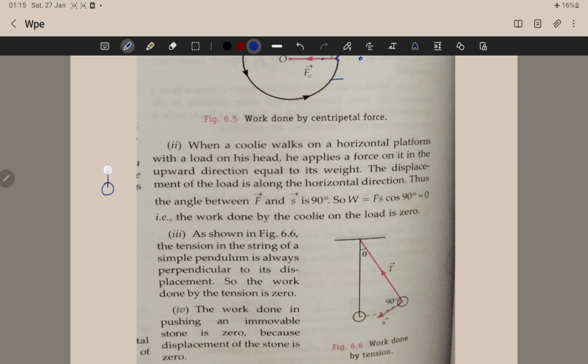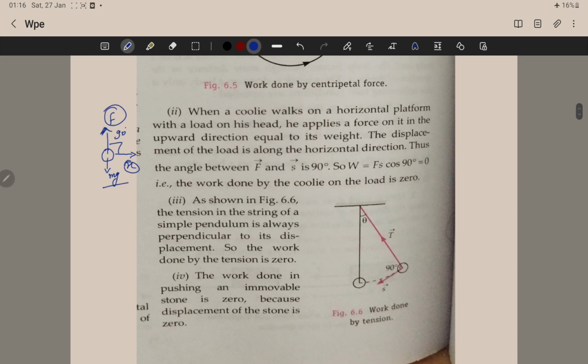To lift this object, we have to apply some force opposite to its weight mg. After lifting this object, if we move in this direction, the displacement is in this direction, but the force is in the y direction. So the angle becomes 90 degrees, therefore there is no work done.